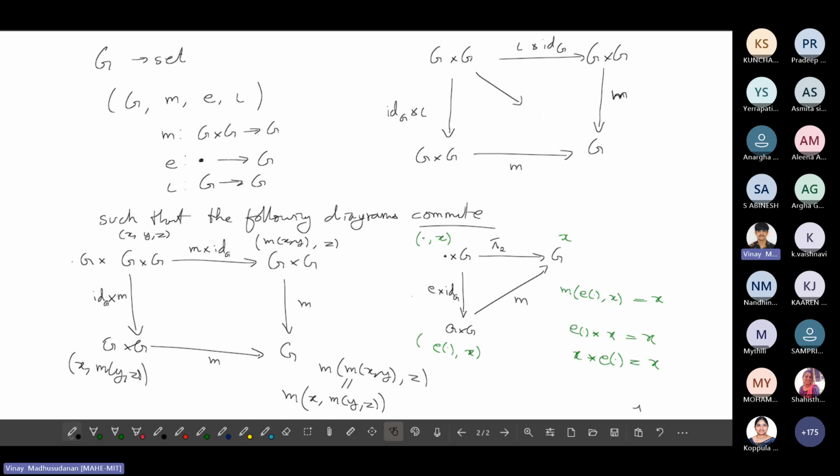Yeah, this should commute. I'm not mentioning what that map is. I'll tell you why. This should commute. What does it mean though?